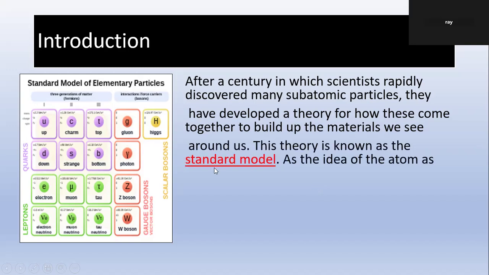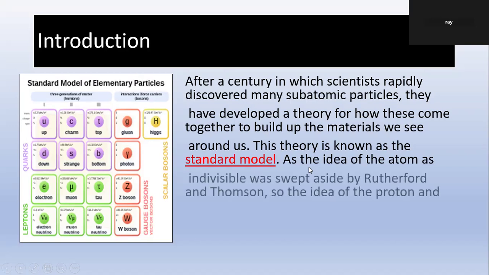The theory is known as the standard model. The idea of the atom as indivisible was swept aside by Rutherford and Thomson. Previously, people believed that the atom is the smallest indivisible particle. So Rutherford and Thomson showed that no, there are other things smaller than the atom.